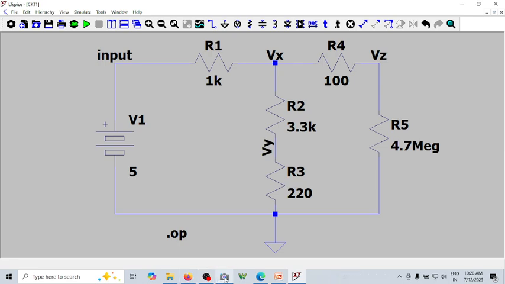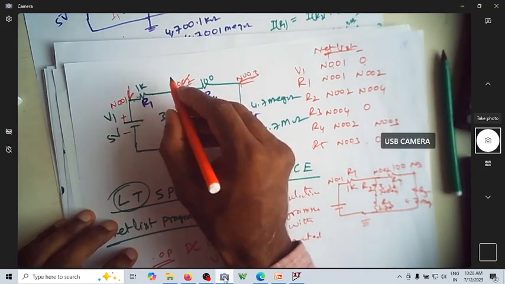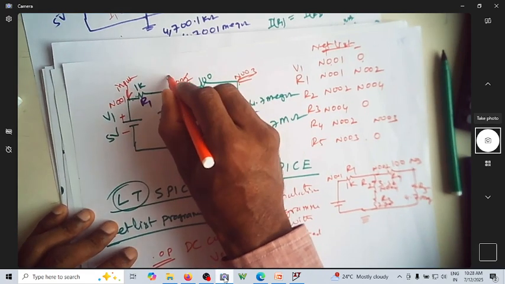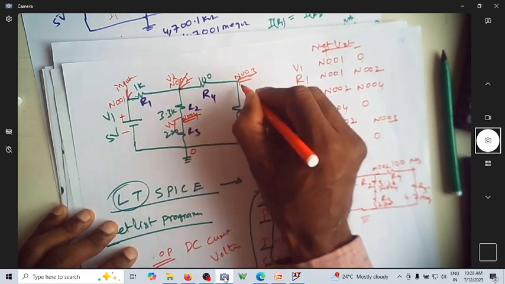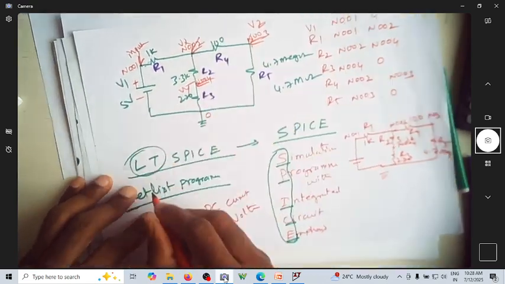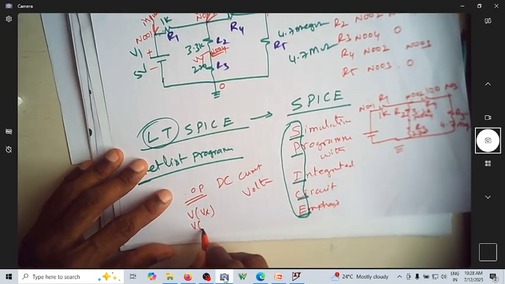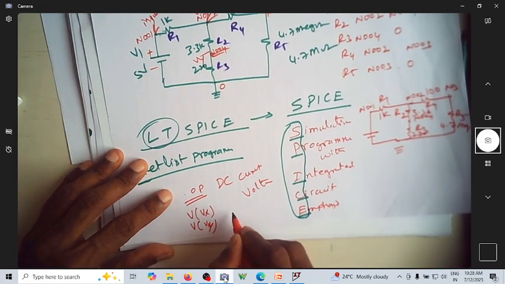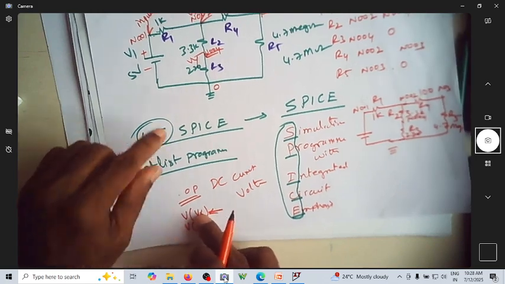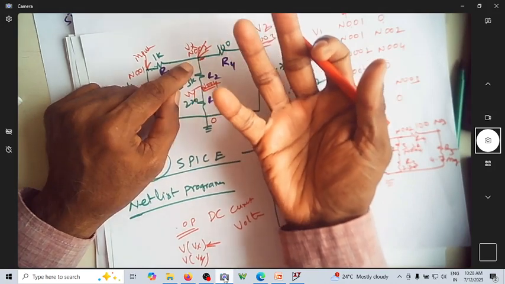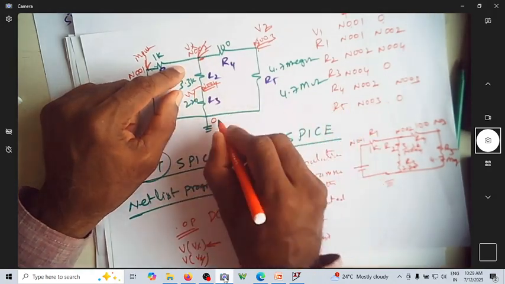So what do we mean by single-ended voltage? Whenever I say this was named input, this was named Vx, this was named Vy, this was named Vz, we got V of Vx, V of Vy. So what is this V of Vx? It's the voltage measured at this point. While measuring voltage, I need to have some reference, no? The reference is ground.